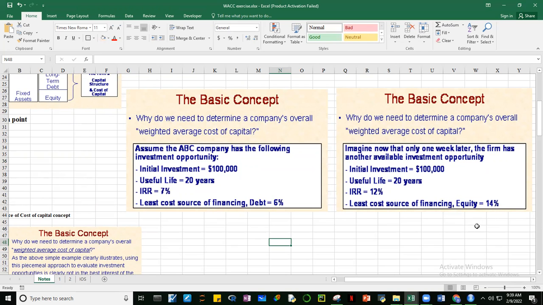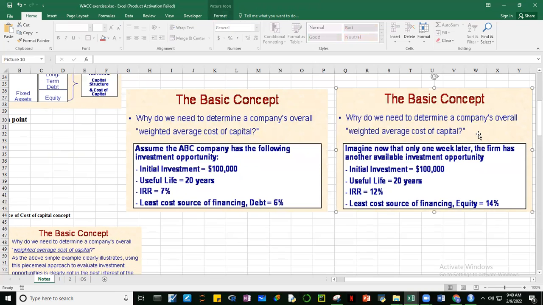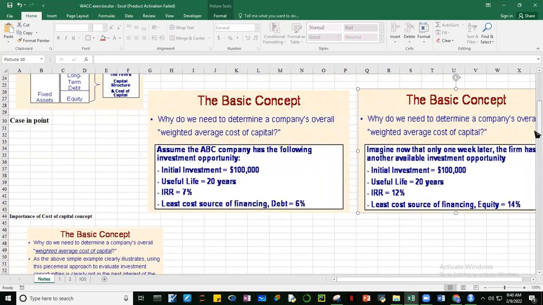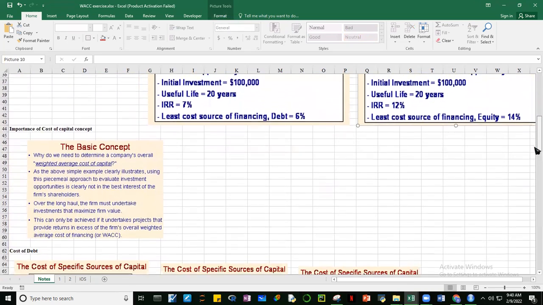Kasi pag ang cost of debt kunyari 8%, mas mababa yung WACC kaysa yung 14% na cost of equity. So mali din decision dito. Okay, so nasayang yung potential na investment na mag-create ng shareholder value because it did not make use of the correct or appropriate cost of capital, okay, which is the weighted average cost of capital.